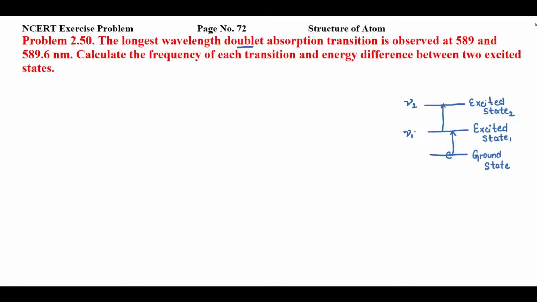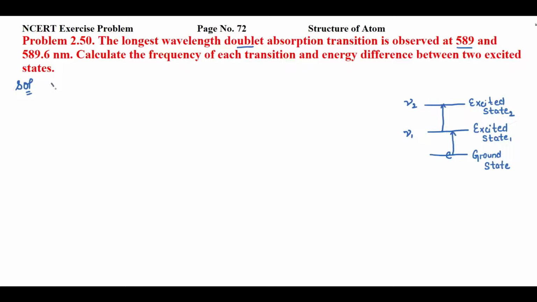In first excited state, the wavelength of electron is 589 nanometer, and in second excited state, the wavelength of electron is 589.6 nanometer, right?